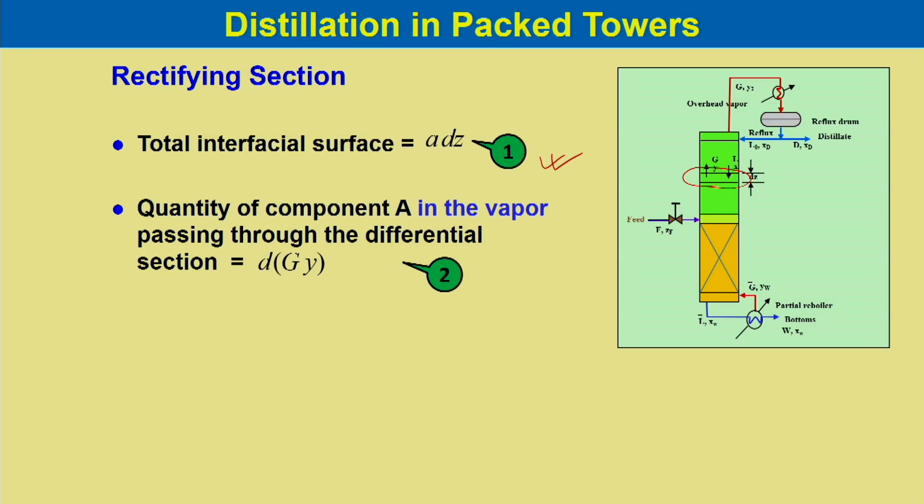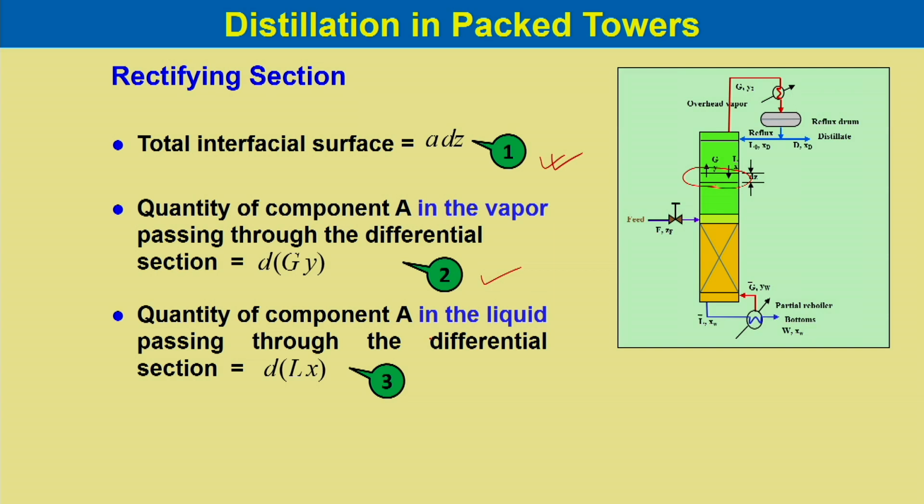Now, the quantity of component A in the vapor passing through the differential section dz would be d(Gy), which is shown in equation 2. Now, the quantity of component A in the liquid passing through the differential section would be d(Lx), which is shown in equation 3.